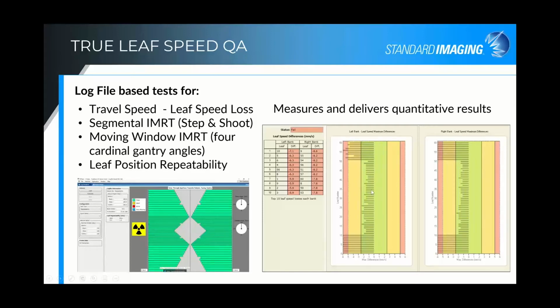But you can see each individual leaf is indeed accounted for. And then we also, on the upper left of the screen, show those top 10 culprits, I guess, if you want to say, the 10 worst leaf results for specific leaves on the 2 banks.